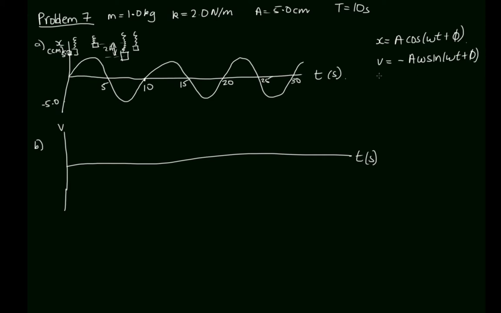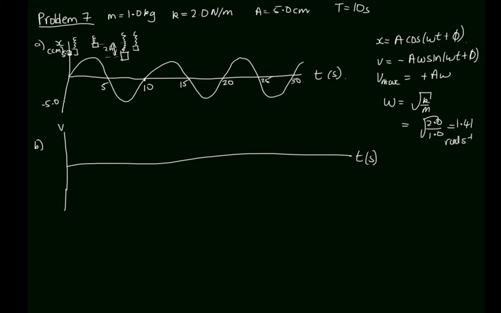So from this we can see that the maximum value that the velocity can have is going to be a omega. We don't need the minus for the maximum value. And omega is equal to the square root of k on m, which in this case is the square root of 2 on 1, so this is equal to root 2, which is 1.41 radians per second.